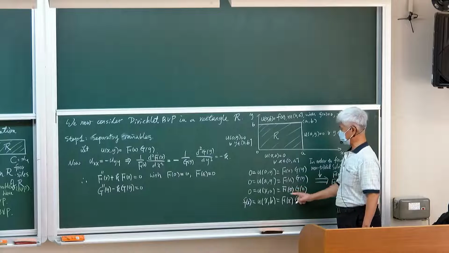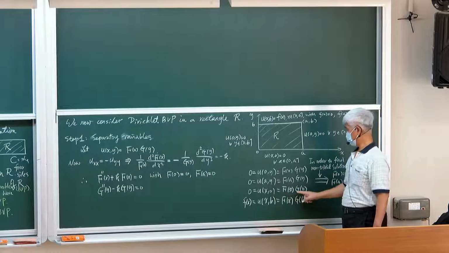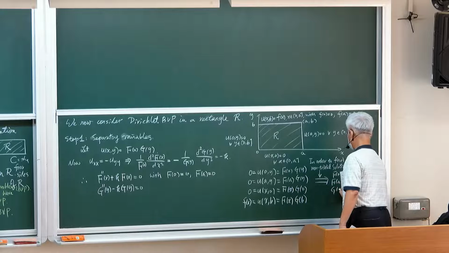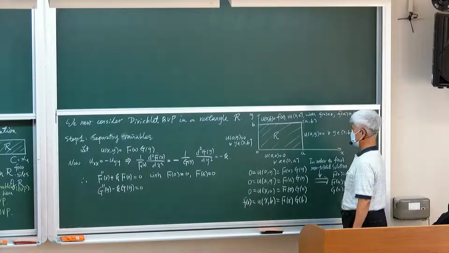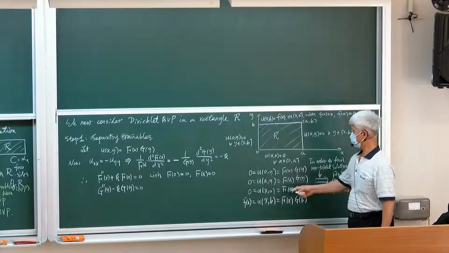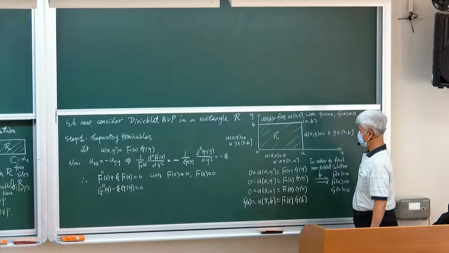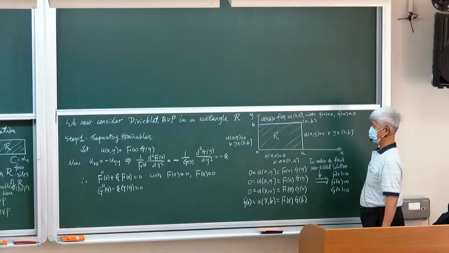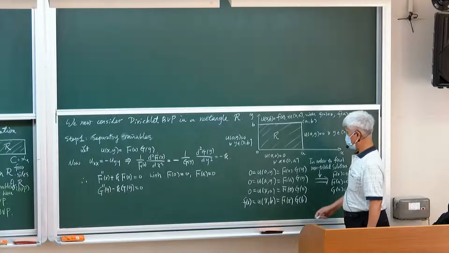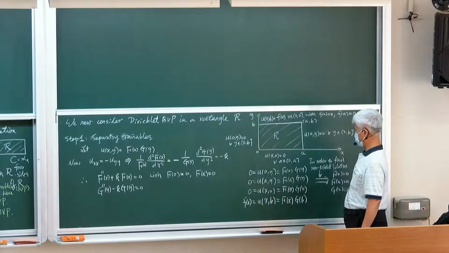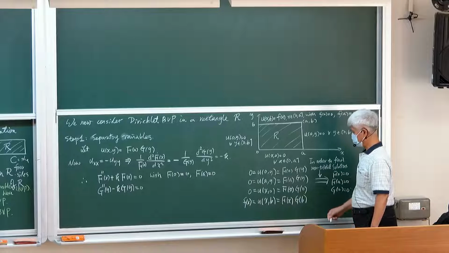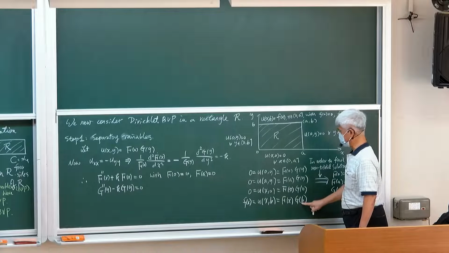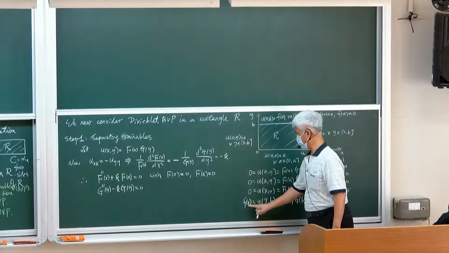Similarly, F(x) cannot be all zeros, so G(0) should be equal to 0. So from the first three boundary conditions, we get these three. Now, how about the fourth one? Well, this is G(b) times F(x).